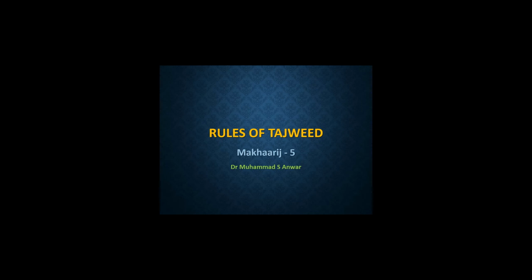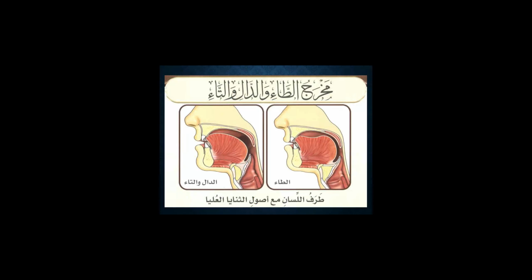Today we would move on, inshallah ta'ala, to the makhraj of Ta, Dal and Ta. All three of these letters come from the tip of the tongue touching the incisors insertion point.